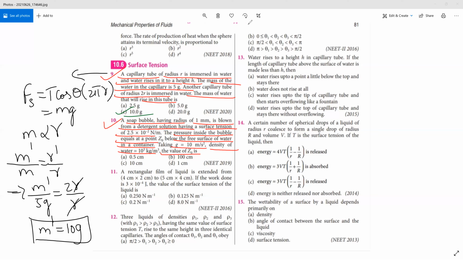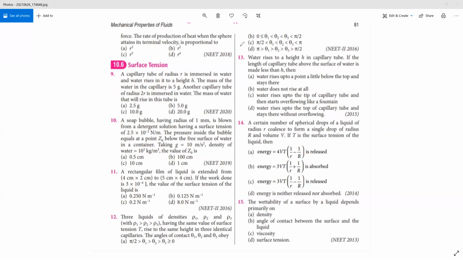So here for the 10th one, we know the pressure at the point z0 below the surface of water is given by P at z0 is equal to P0 plus rho g z0.